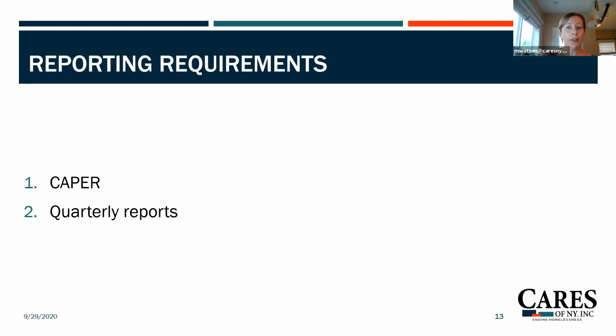While CARES will be running these reports, we will likely have to reach out to agencies for additional information, such as a list of activities carried out with ESG-CV funds. Please be aware this information is required for HUD reporting, so please plan accordingly. Also, please note, not applicable in this case, DB agencies will need to submit their own paper and quarterly reports.